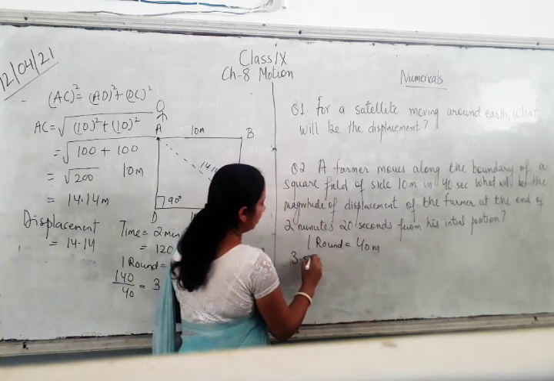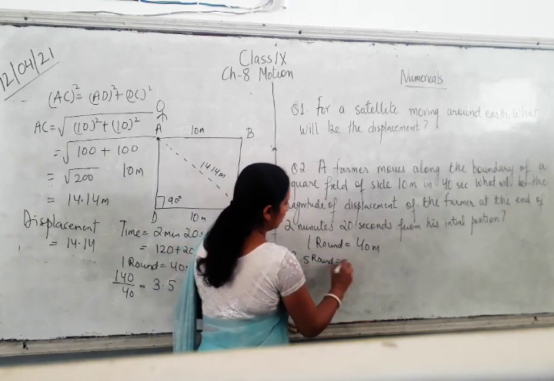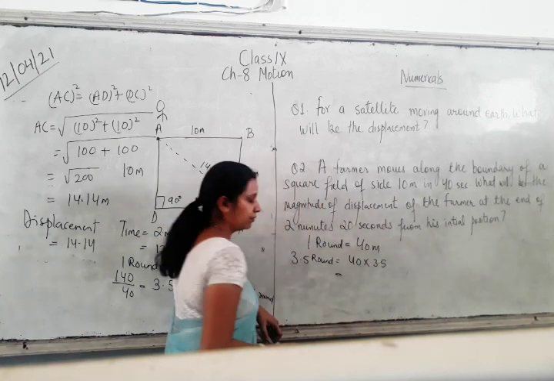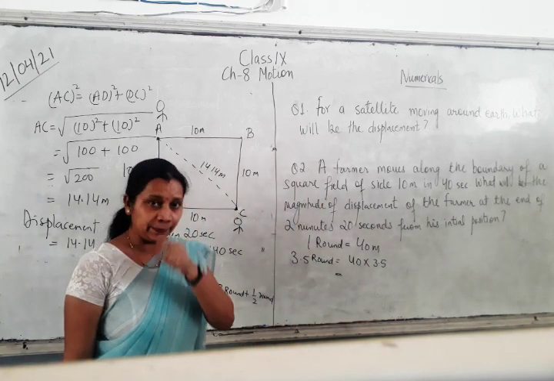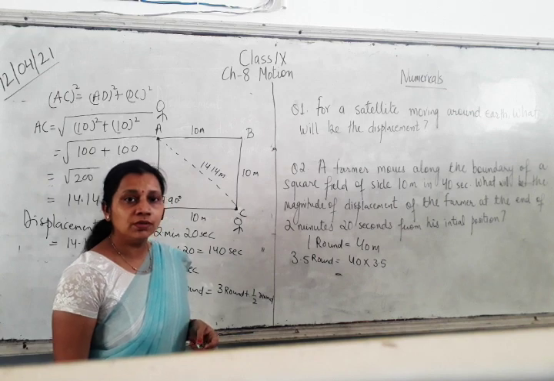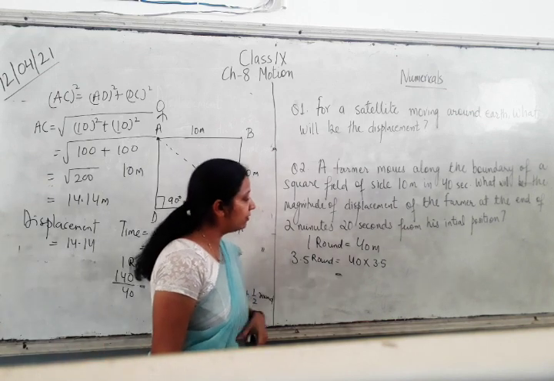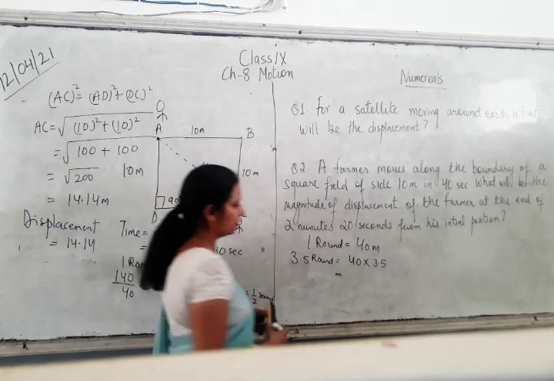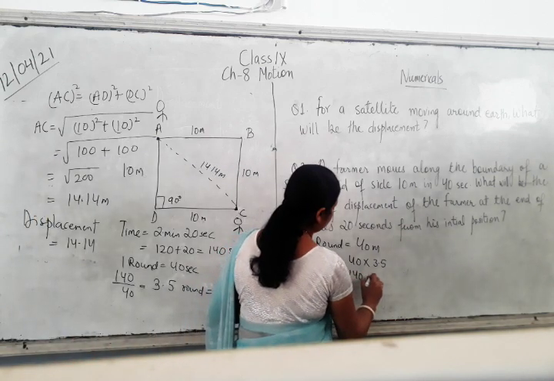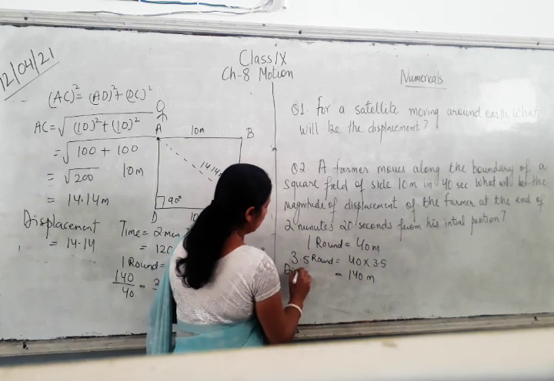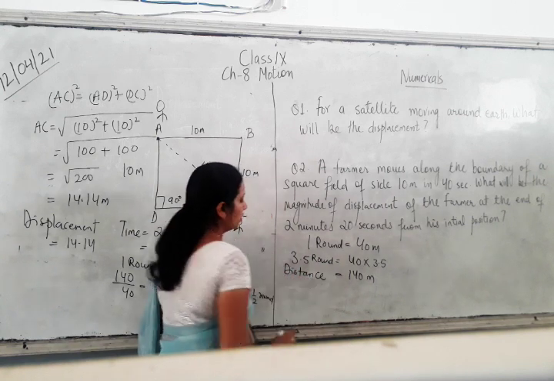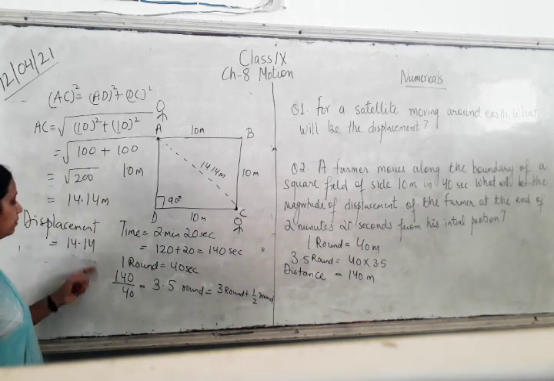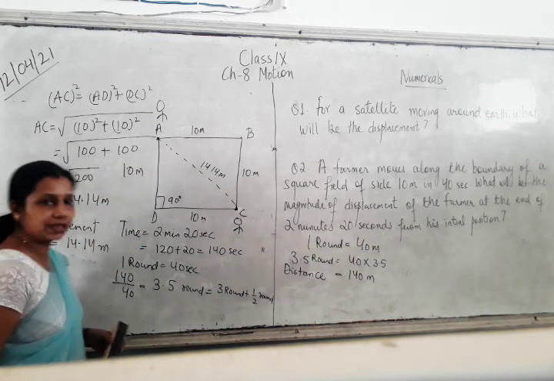So 3.5 rounds means 40 into 3.5, and that will give you 140 meters, and that is your distance traveled. So this is your distance, and displacement, as you have seen here, is only 14.14 meters.